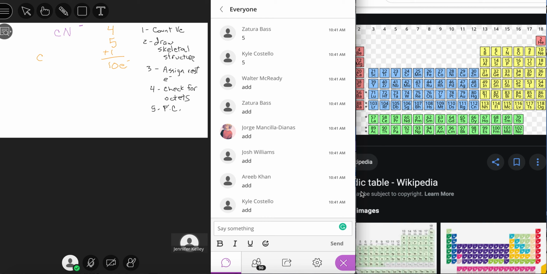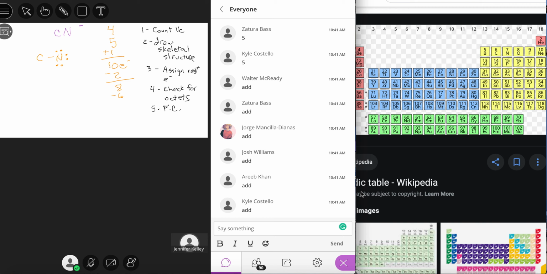So the skeletal structure has carbon connected to nitrogen, and we've used 2 electrons. So we have 8 left. So we can either give carbon an octet and then put the other 2 on nitrogen, or give nitrogen an octet and put the other 2 on carbon, or we can give each one of them 4. It doesn't really matter. I'm going to give nitrogen an octet just because you've got to choose something.